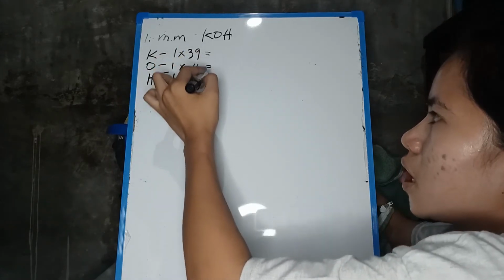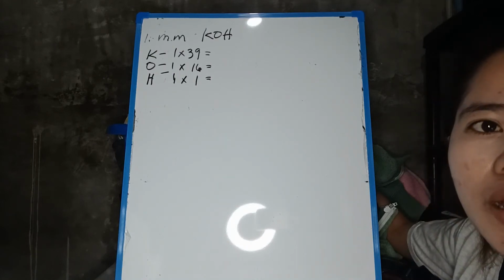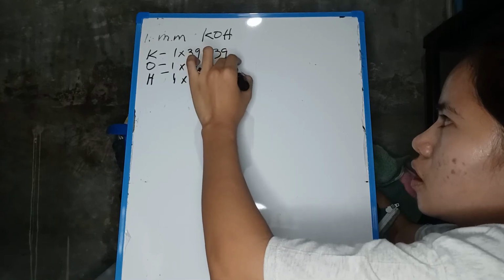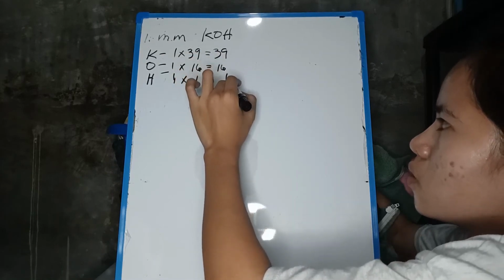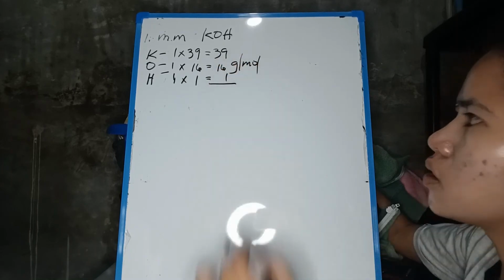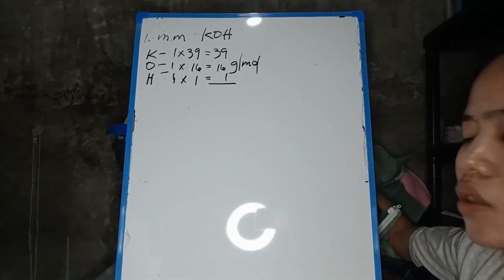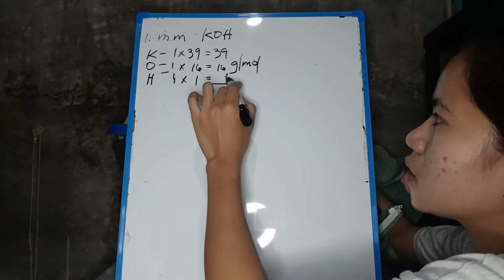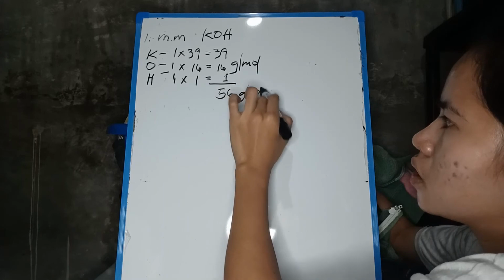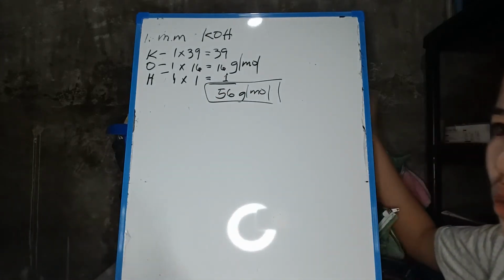So, always whole number para we have the same answer. So, 39, 16, and 1. So, 39 plus 16 plus 1 is equivalent to 56 grams per mole. So, we have now our molar mass for KOH.